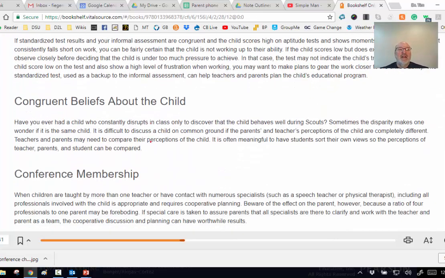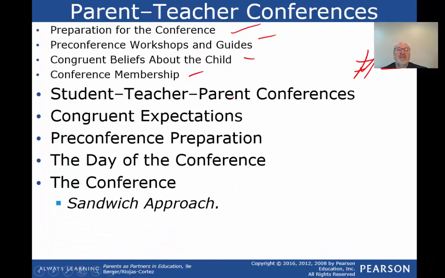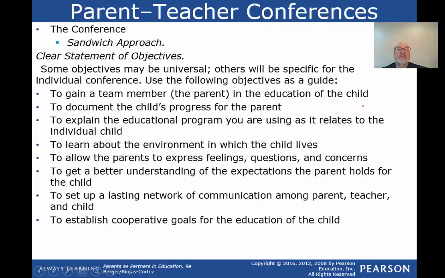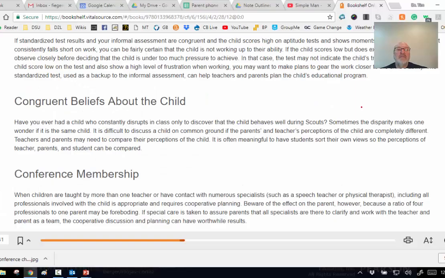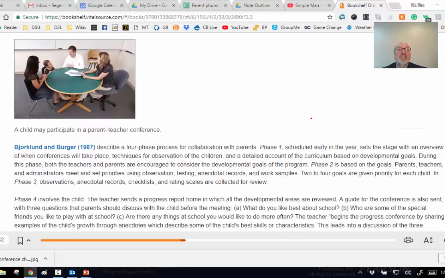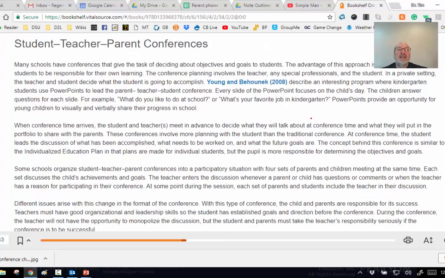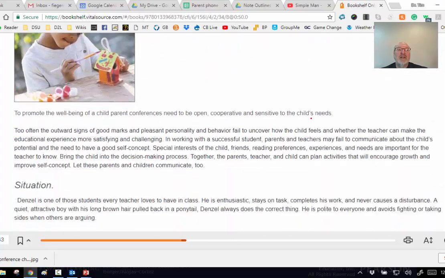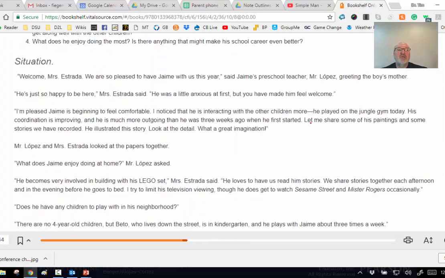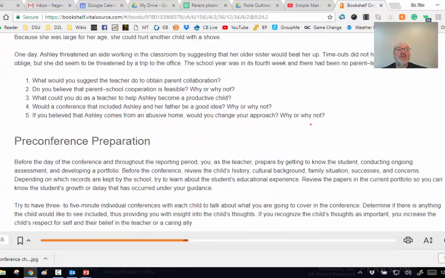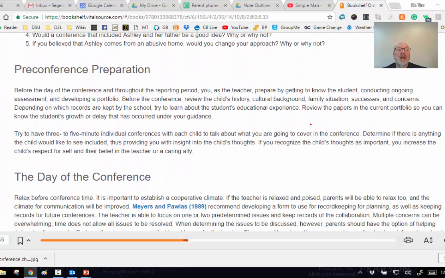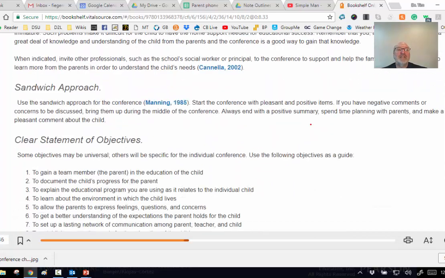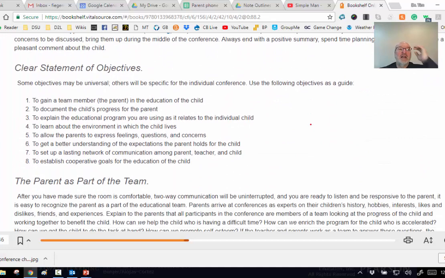And then here again, I'm going to ask you to continue on these to prepare for the conference: membership, student-led, student-parent-teacher conferences, all these things here. Here's some situations that may be helpful for you to read through. Here's some pre-conference prep, day of the conference, state clear objectives.